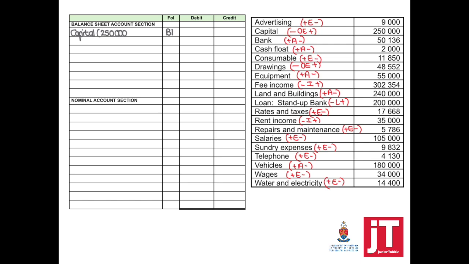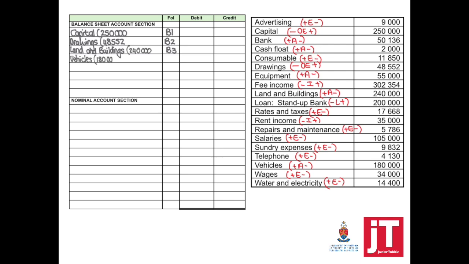We have to look at what happened during the month so that we can find our balances at the end of the month. Then we've got drawings, account number B2 in brackets, 48,552. We're done with our owner's equity. Now we're moving on to our assets, and the first one is our non-current asset, which is land and buildings, 240,000.